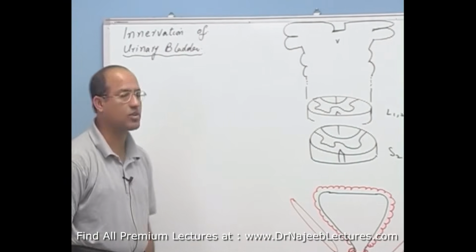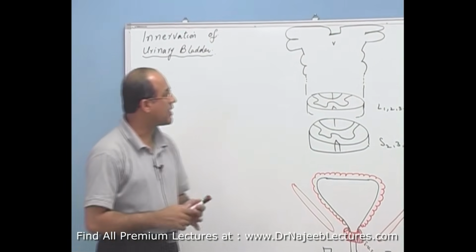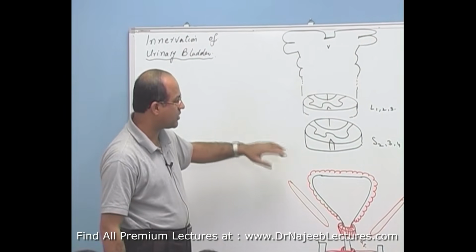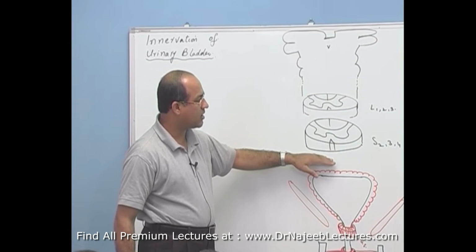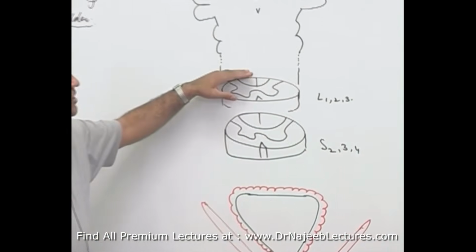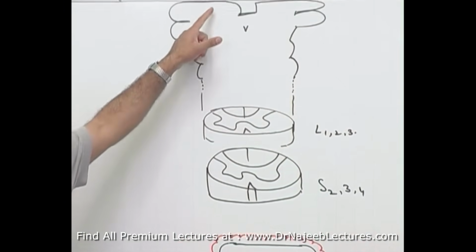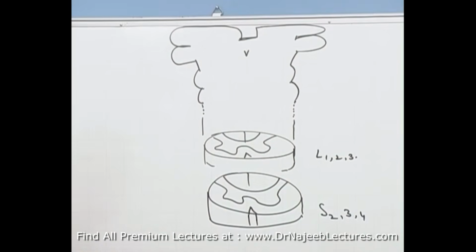Now this represents your central nervous system. Of course, not a very anatomical diagram, but it helps you to understand. This is the sacral area of the spinal cord, here is the lumbar area, then the thoracic and cervical, and then the medulla, pons, and higher centers, right?